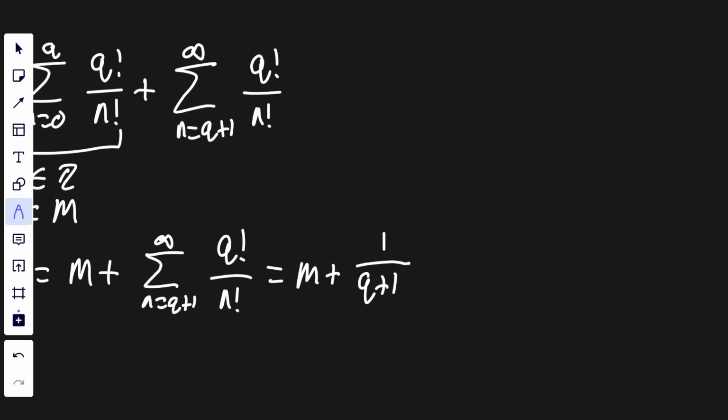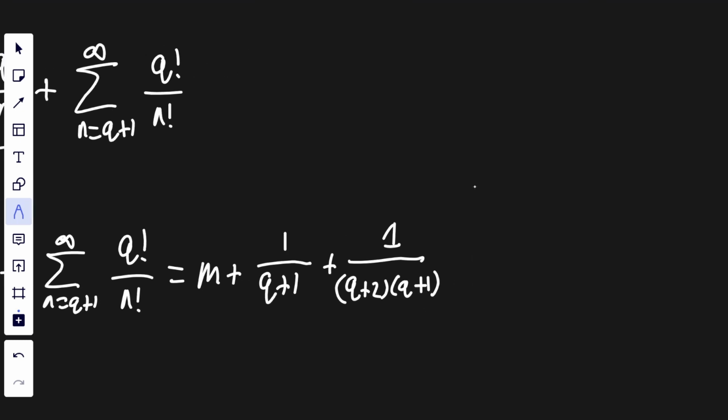Next, plugging in q plus 2, we have q factorial divided by q plus 2 factorial, so 1 over q plus 2 times q plus 1. Next, plugging in q plus 3, we have 1 over q plus 3 times q plus 2 times q plus 1.